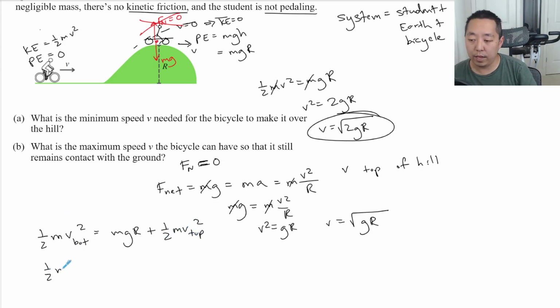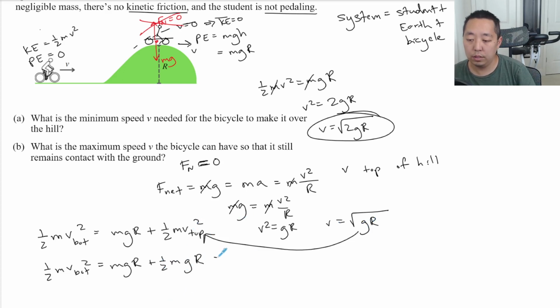All I'm going to do is plug in v top squared is just gr, so mgr plus 1/2 mgr. I have 1 mgr and a half of mgr, that's 3/2 mgr. The m's on both sides will cancel. Multiply by 2 on both sides, and so the v at the bottom has to equal square root of 3gr.